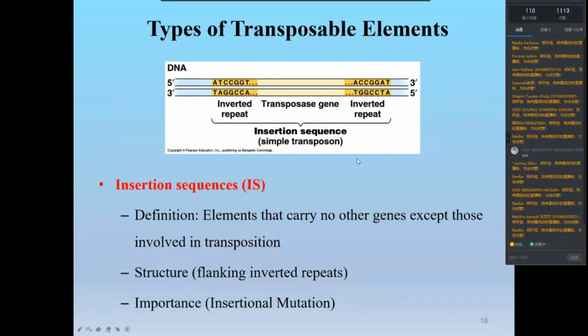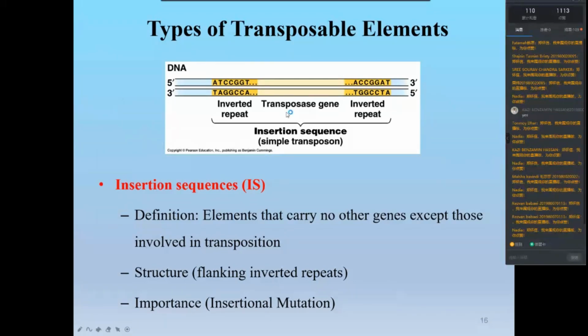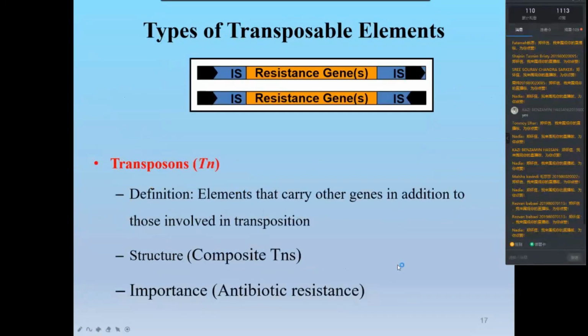You can put this element into the bacteria so that they can randomly insert themselves into genes in the chromosome, so that the genes disrupted will be inactivated. So you make a mutation. And with one single experiment, you can make a lot of mutations. You can make a library of mutations. So this is the first type of transposable element.